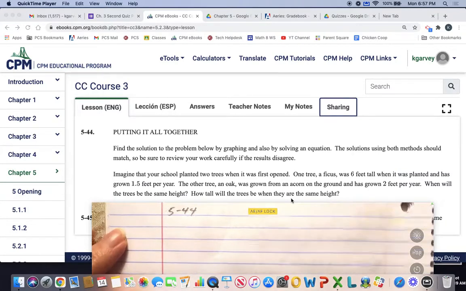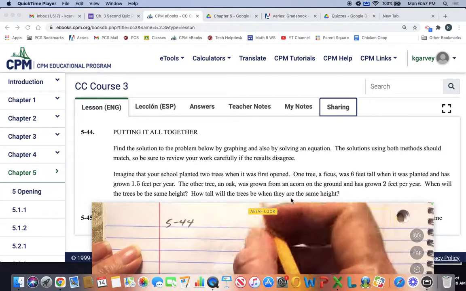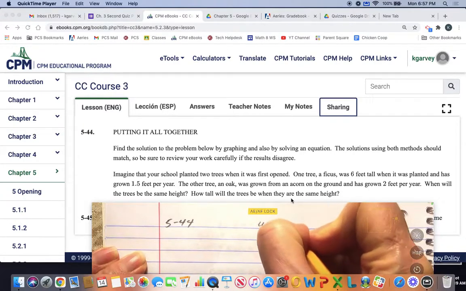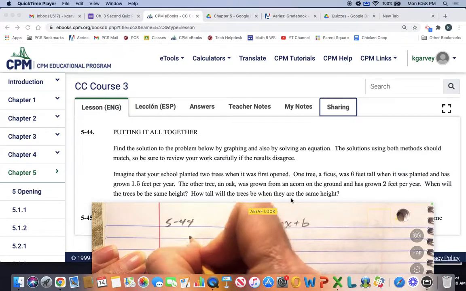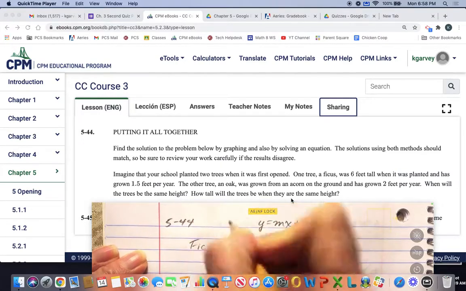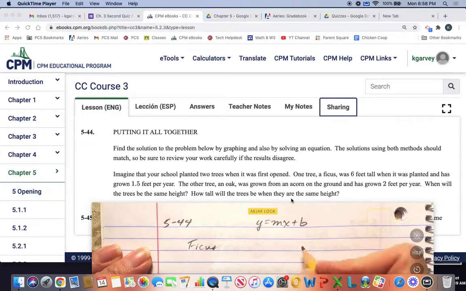Okay, so the first thing that we need to do is write the equations for these trees. And we're going to write them in the slope-intercept form, which is y equals mx plus b. Okay, so the ficus is going to be, using the information they gave us, 6 feet tall when it was planted.